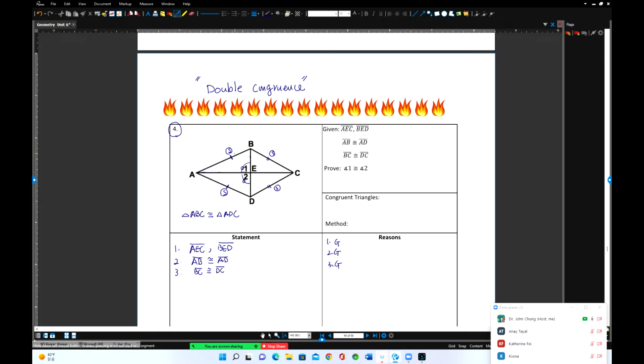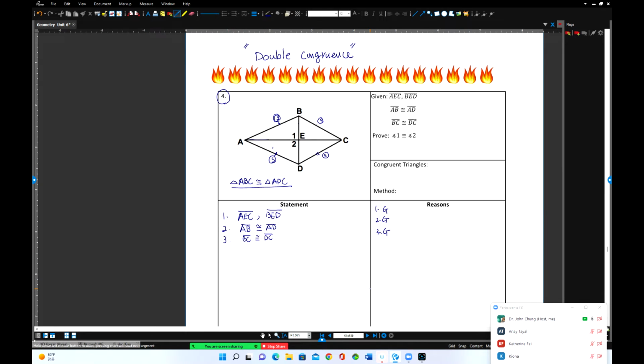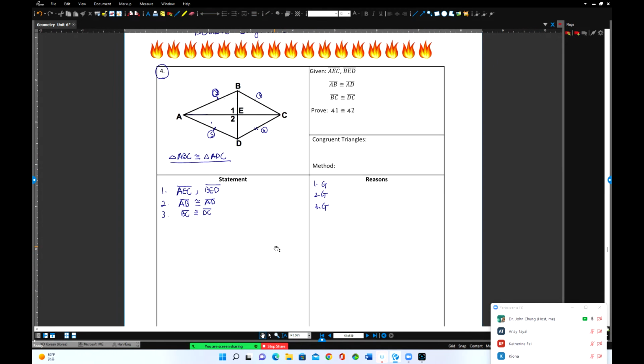We got only two over here, right? Reflexive and this side. We need one more. We get it from these two triangles being congruent, not this one, the big one, ABC, and this one. Now take them out. First we're going to prove the triangles congruent inside there.